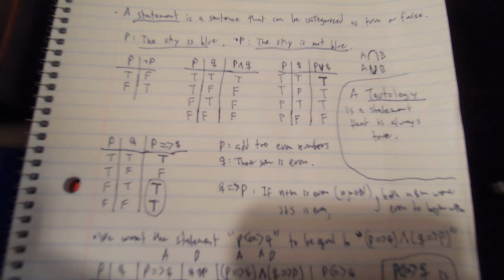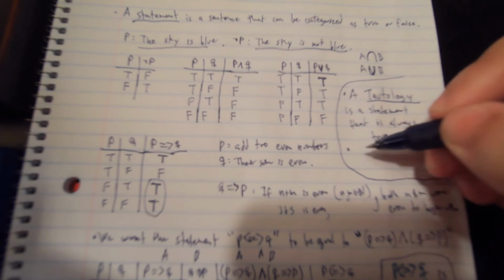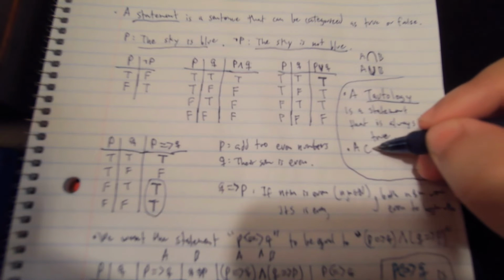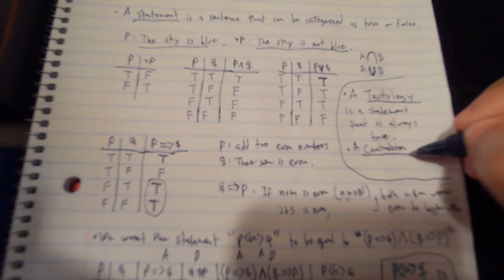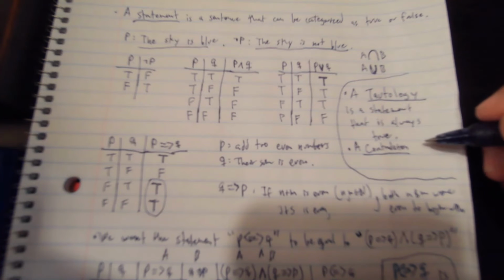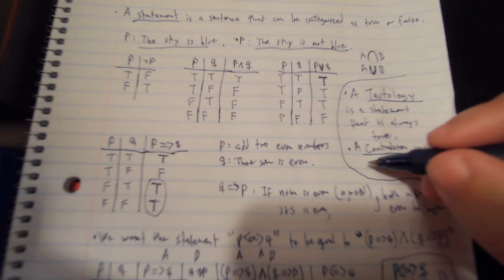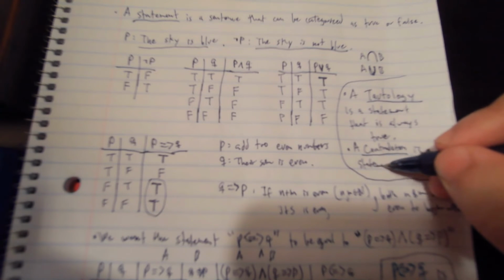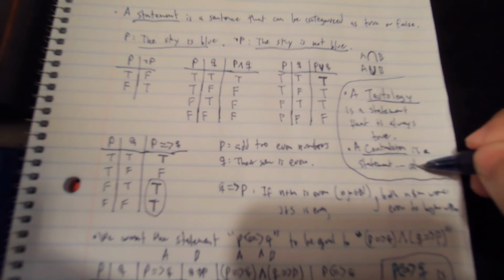So by the way, I'll write it here too. A contradiction is a statement that is always false.